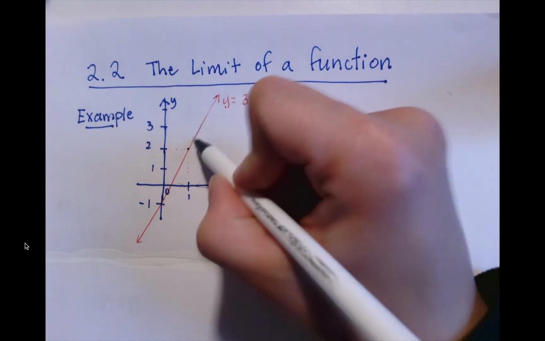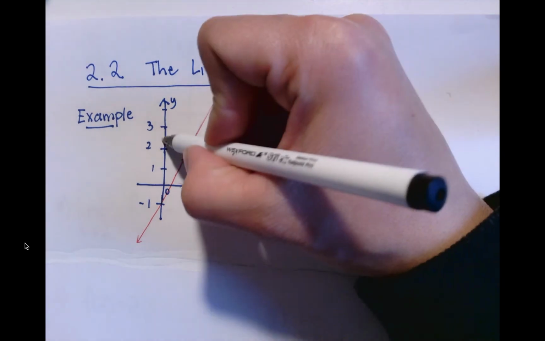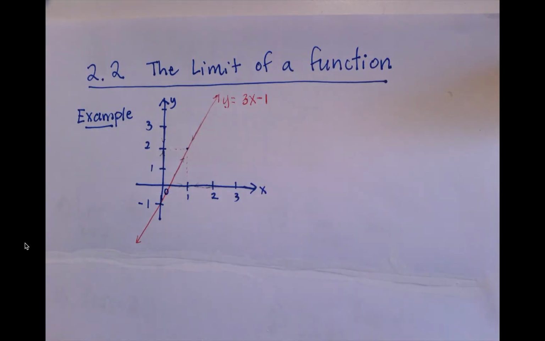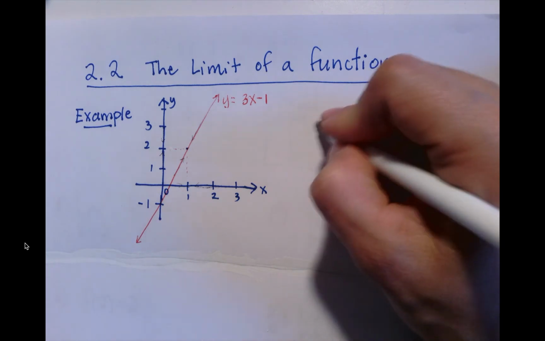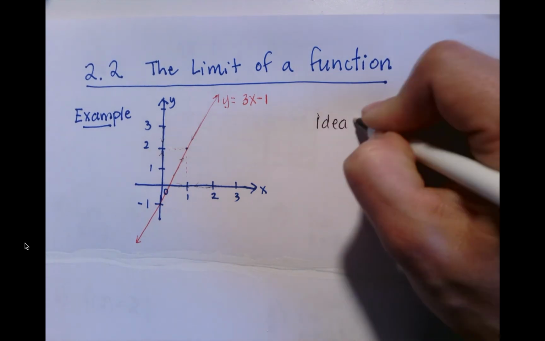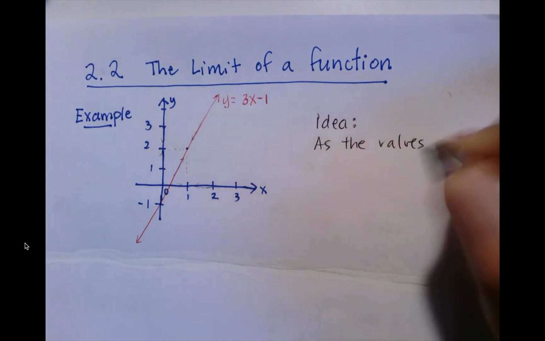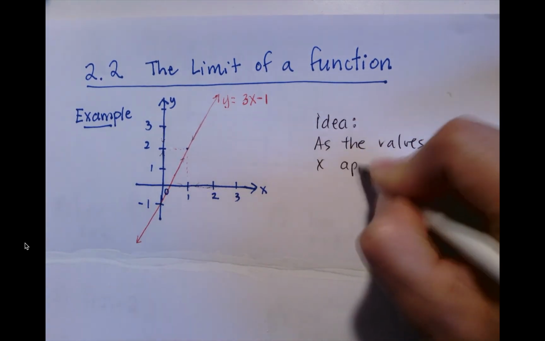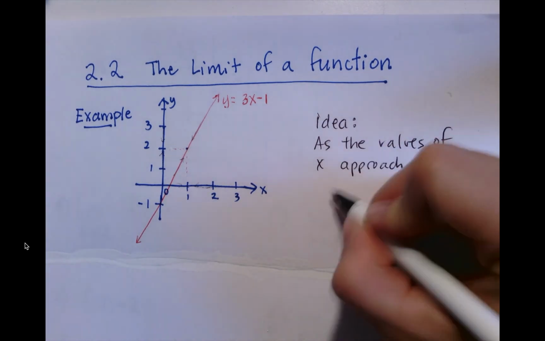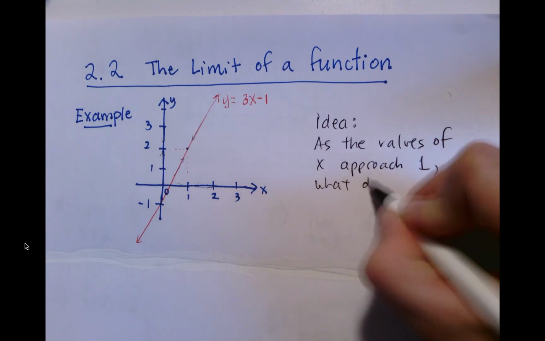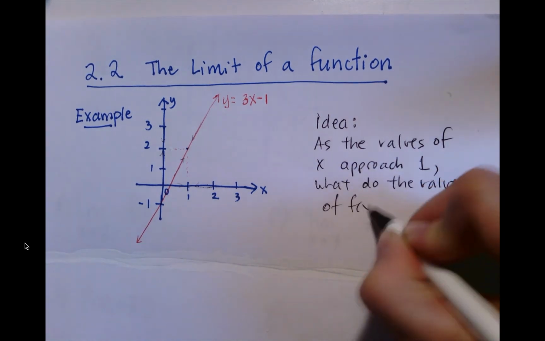We can see that this is what the graph is doing, and we can also see that the y values are actually approaching 2. So the idea is to ask, as the values of x approach 1, what do the values of f of x approach?